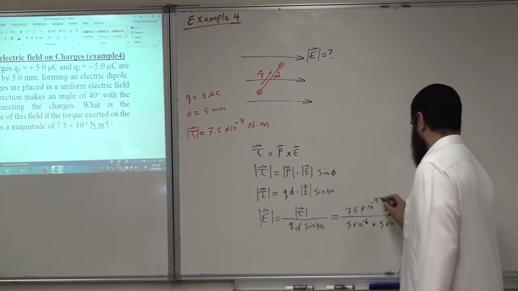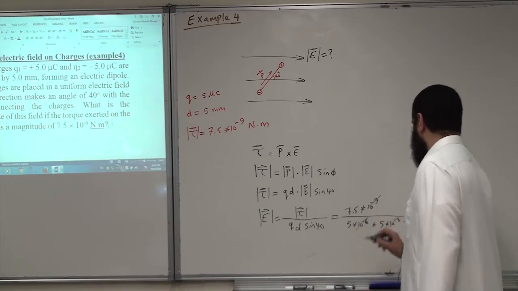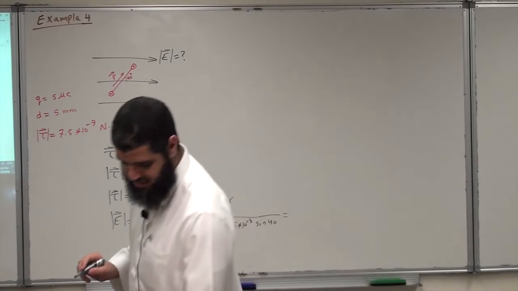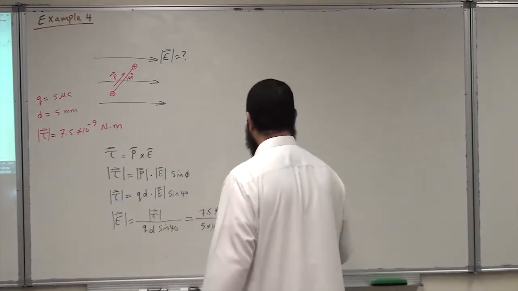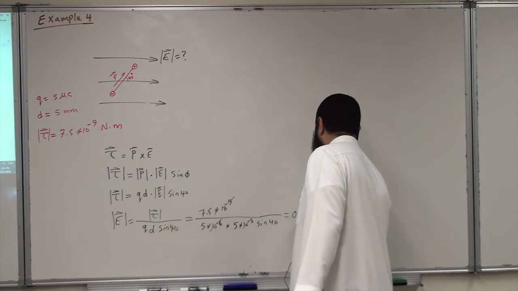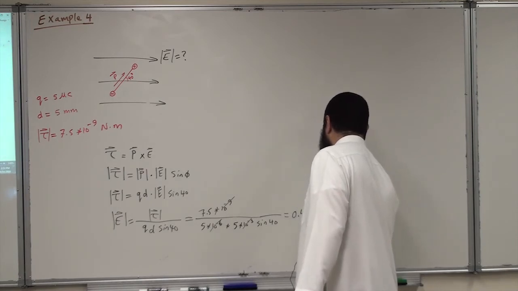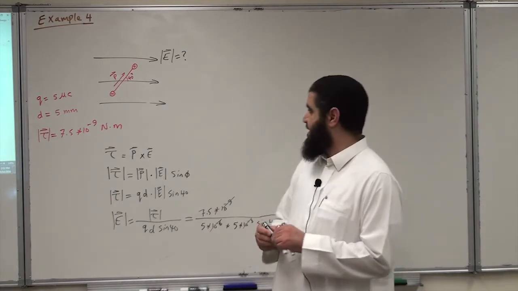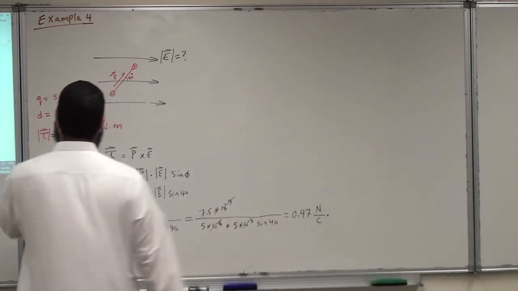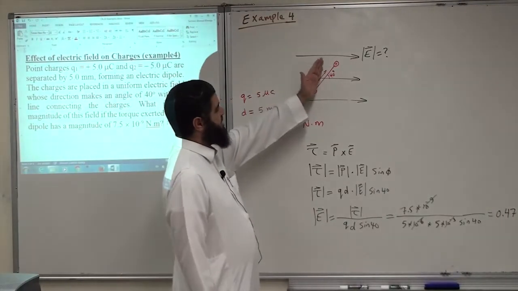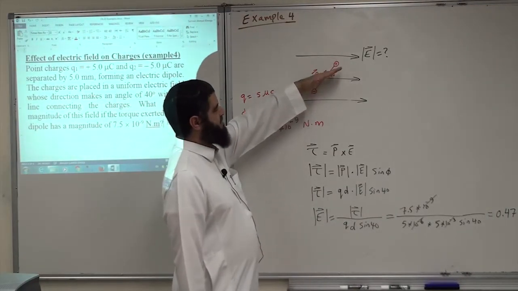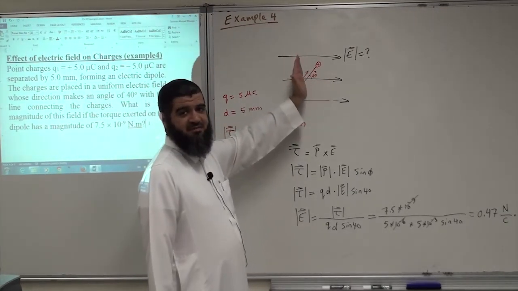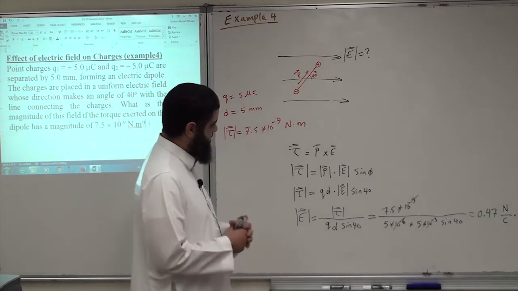The 10 to the minus 9 cancels, and we are left with the magnitude of the electric field, which is 0.47 Newton per Coulomb. You should know that this torque has this magnitude for this situation only. If the angle is different, we'll have a different value of the torque. So the torque will be different for different orientations of our dipole.